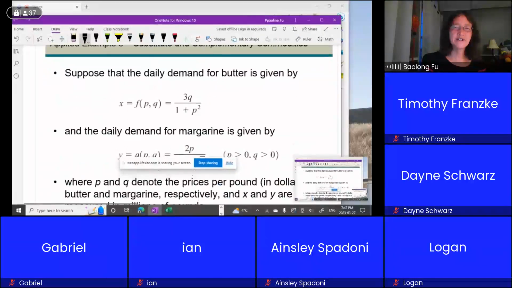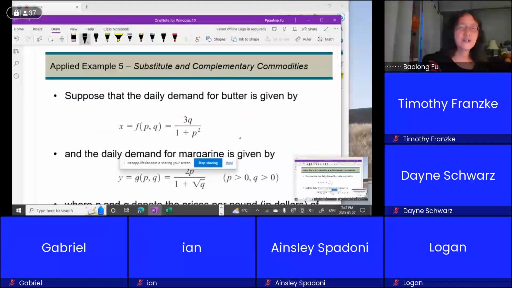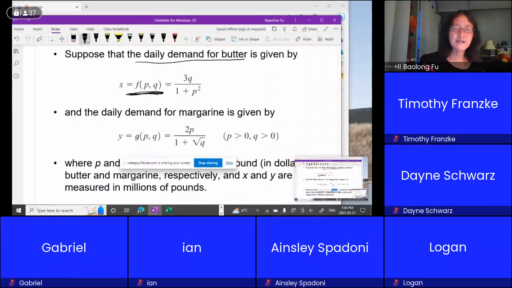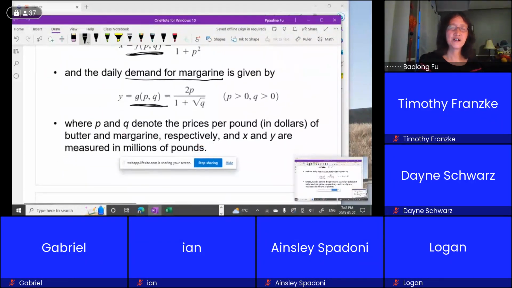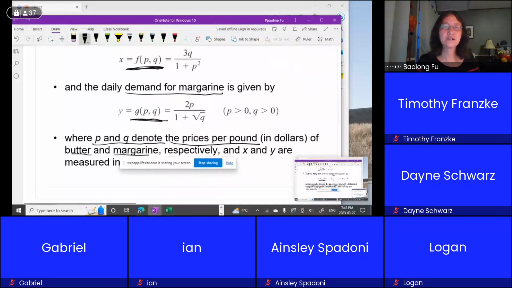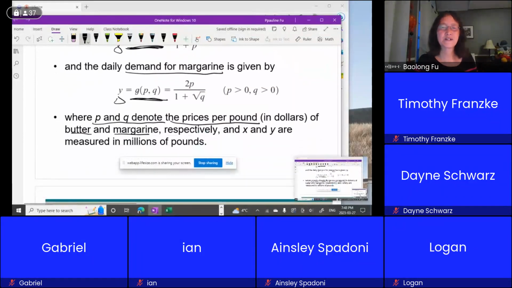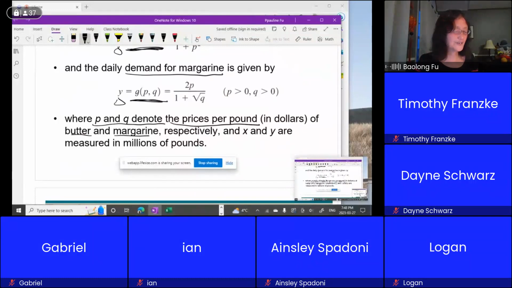Okay, take a look at an example. Example 5. Suppose the daily demand for butter is F(p, q), and the daily demand for margarine is G(p, q). Here p and q represent the price per pound for butter and margarine, and x and y are in millions of pounds.